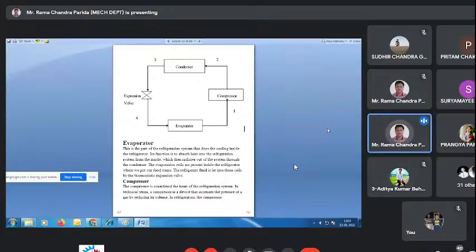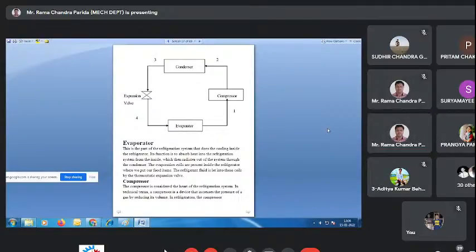The question is, what is the condition of the refrigerant after the expansion valve? Am I audible or not? Yes, sir. What is the condition of the steam after the expansion valve?